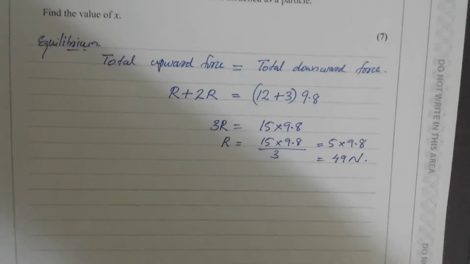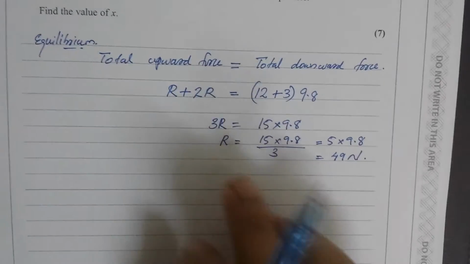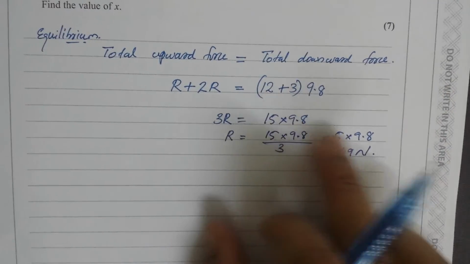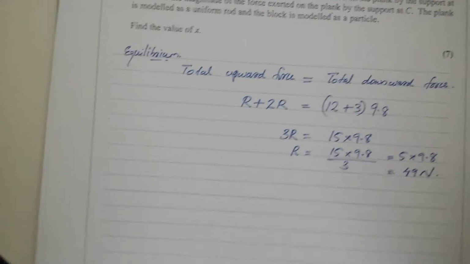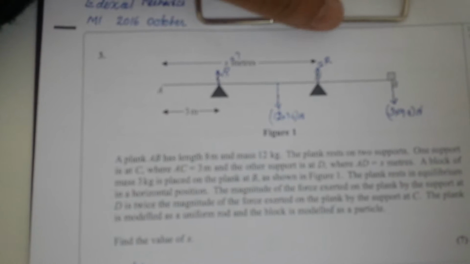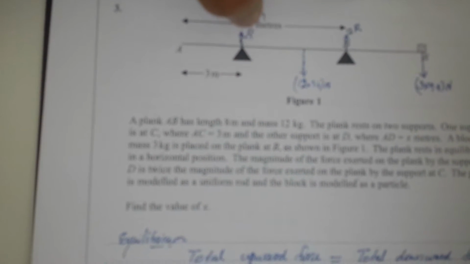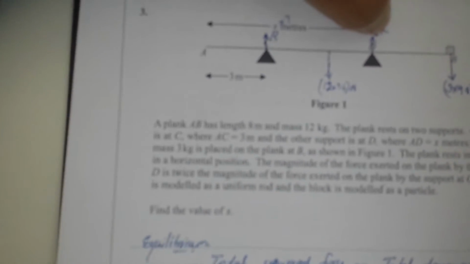You can use the calculator. 15 divided by 3 is 5, and 5 times 9.8 is about 49. This is the value of R, normal reaction at C. Then normal reaction at D is 2 times R. So here it is upward force 49, here it is upward force 98.